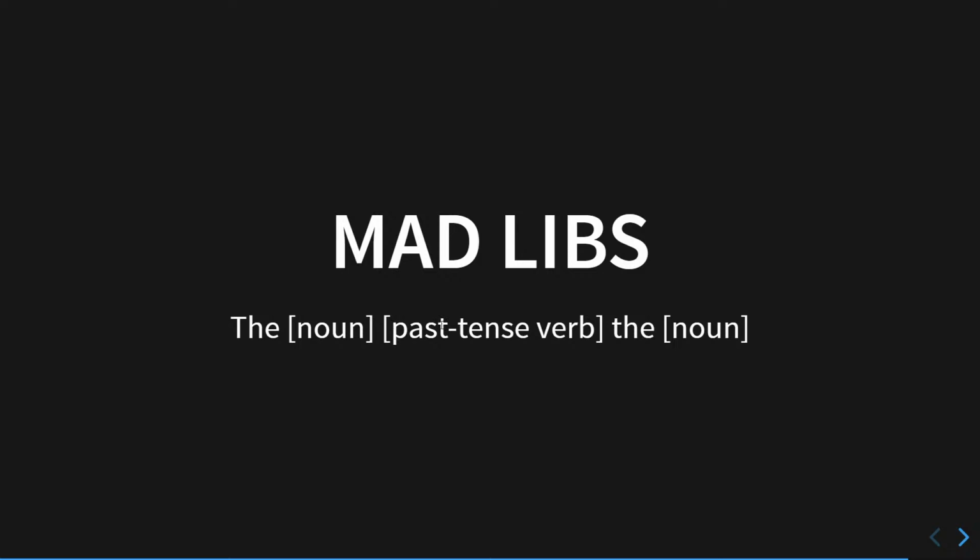The noun, past tense verbs, the noun. So the cat ate the cheese, the mouse drove the wall. And it doesn't always work out, but if you curate a massive list of the categories of words you need, you can use this to pretty good effect in certain applications.